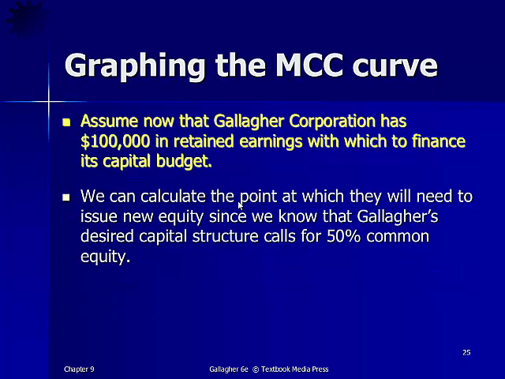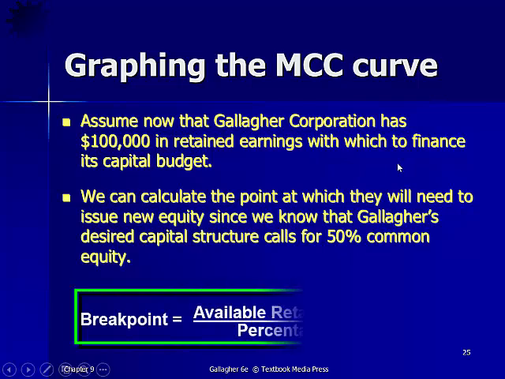We can calculate the point at which the weighted average cost of capital jumps, because we've run out of internal equity and we're now going to have to turn to the more costly external equity.